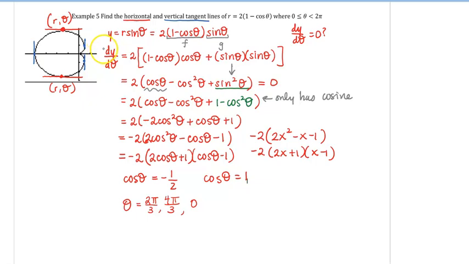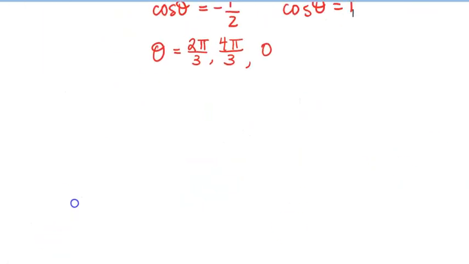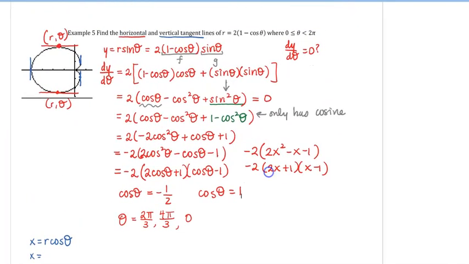To go find where we have vertical tangent lines, we're going to need to work with x. So the parametric equation for x is x is equal to r cosine theta. I will replace r with the value or the expression given.